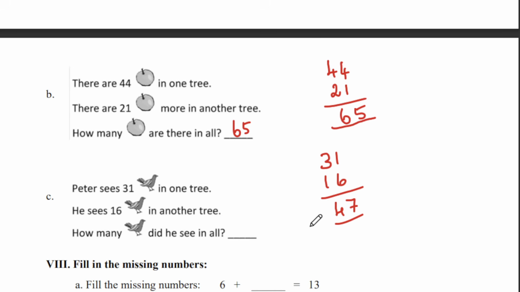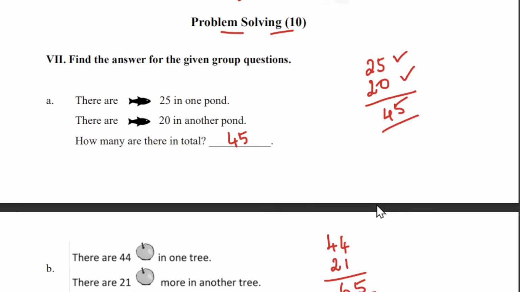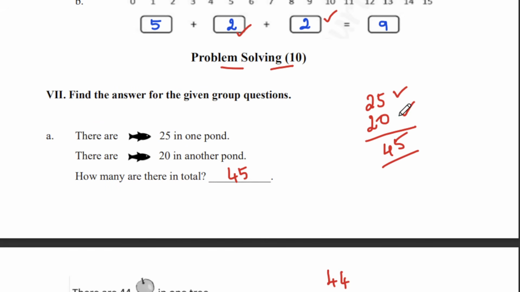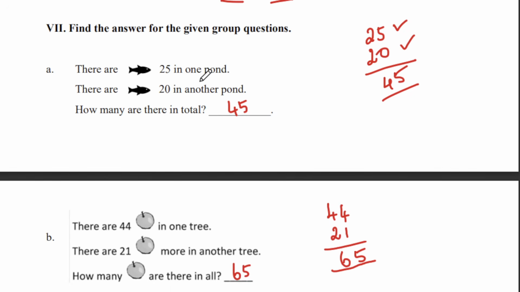So totally we have 47. 31 plus 16 is 47. This is problem solving ability, students. You have to add. Sometimes they will ask questions like this also.